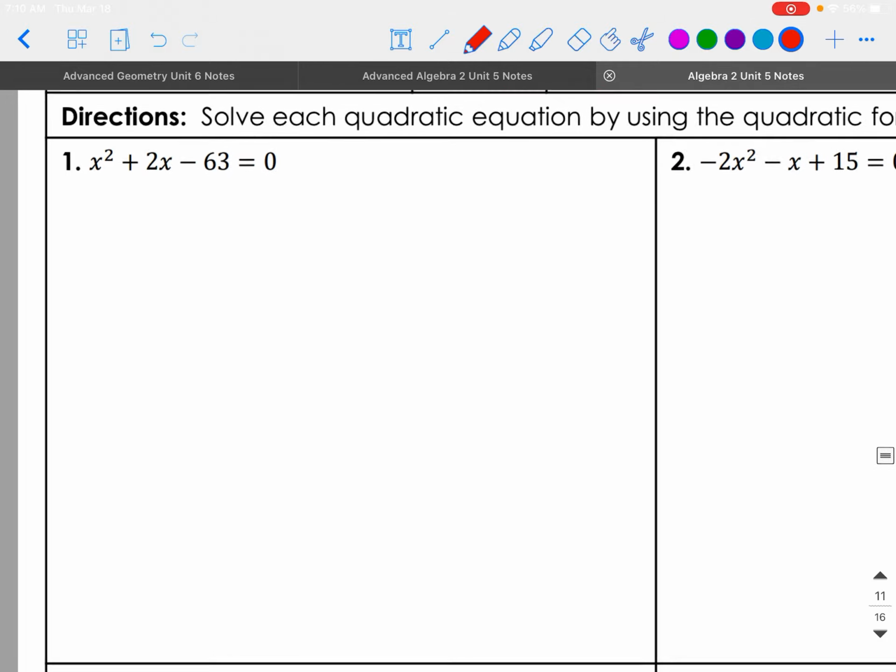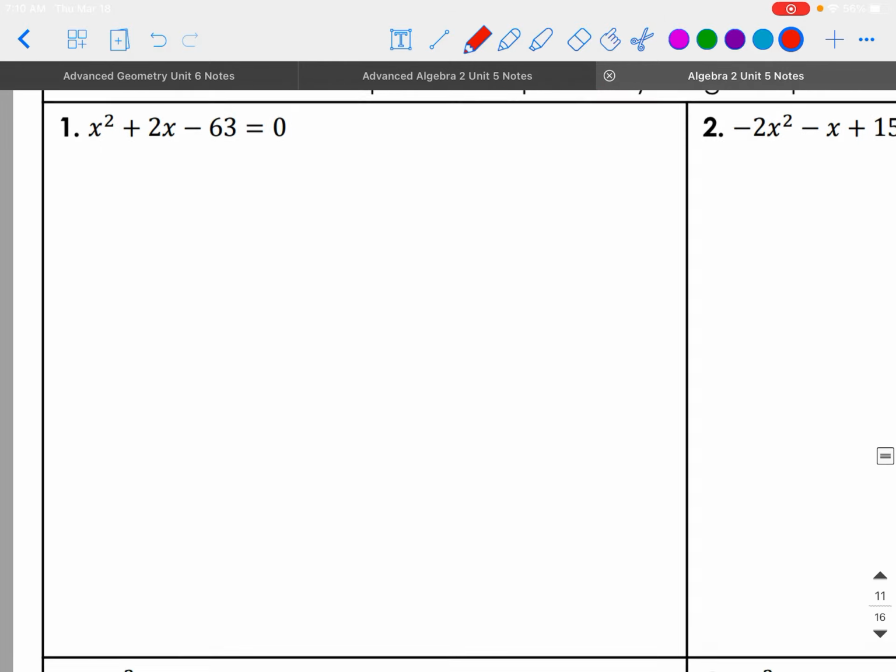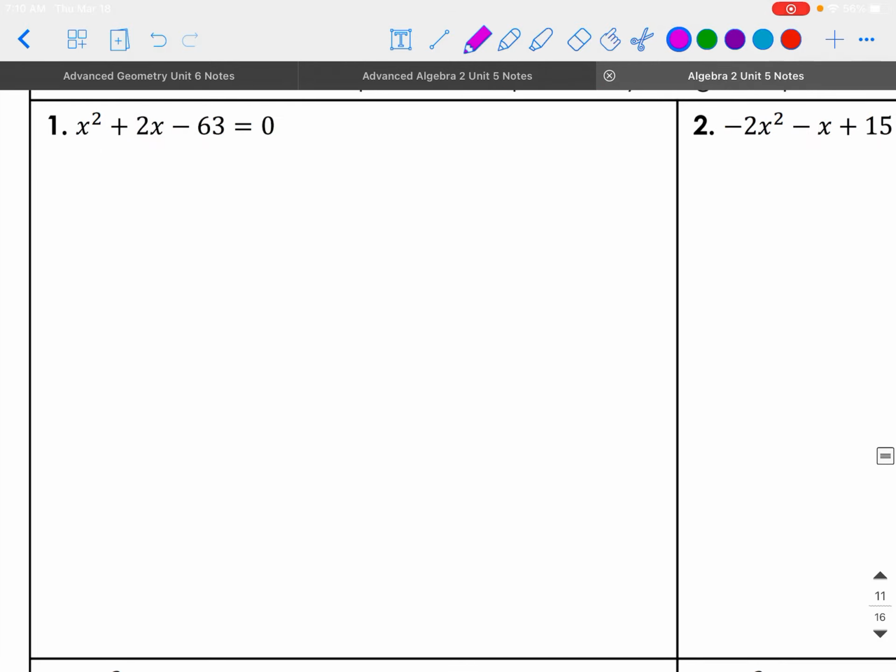So let's look at number 1. We always want to label the a, b, and c. The a is the number in front of the x squared. If we don't see a number, we assume it's 1. B, that's your number in front of the x, 2.